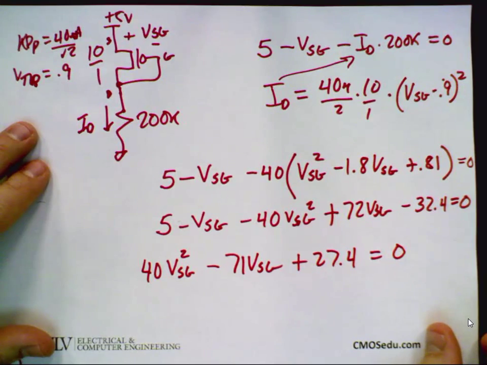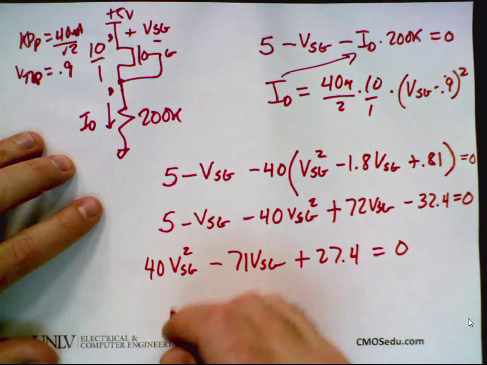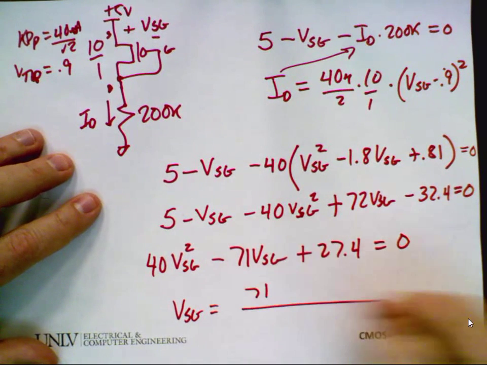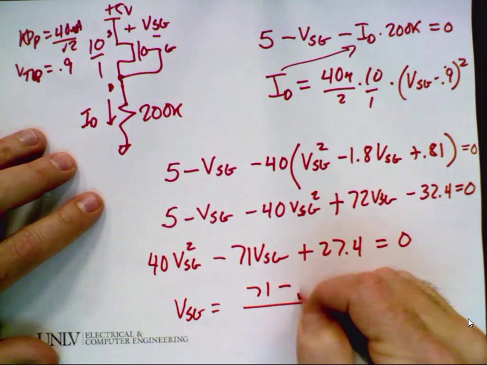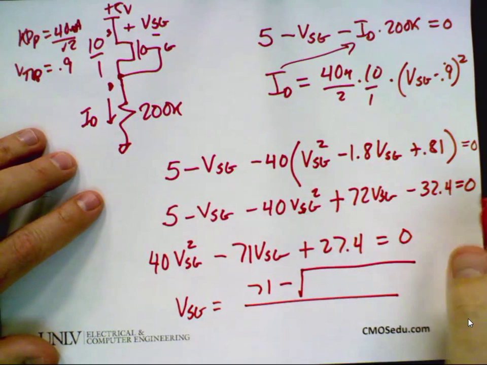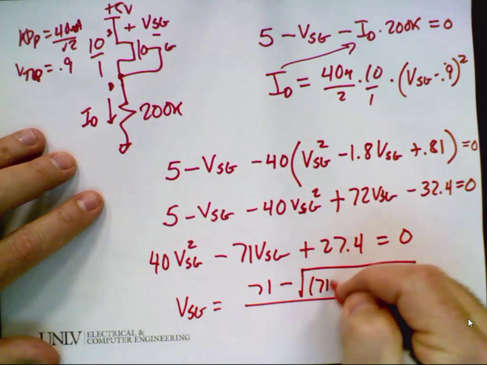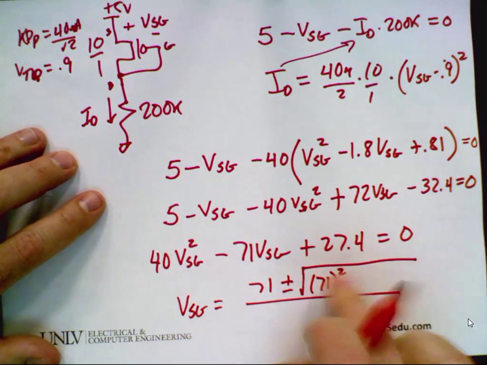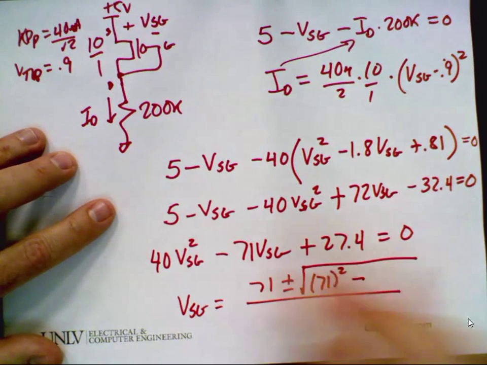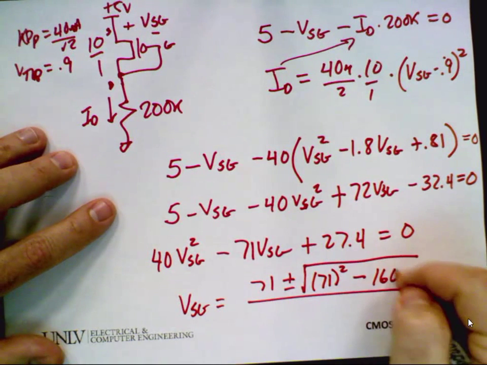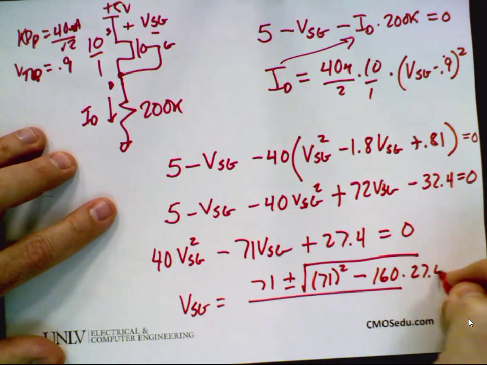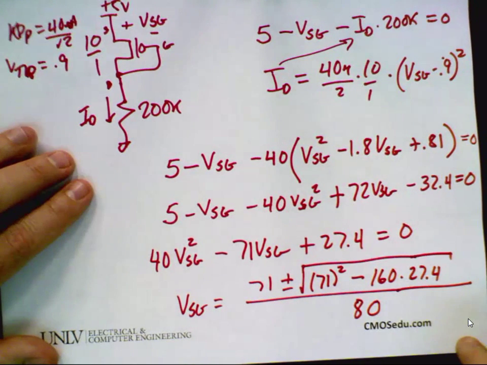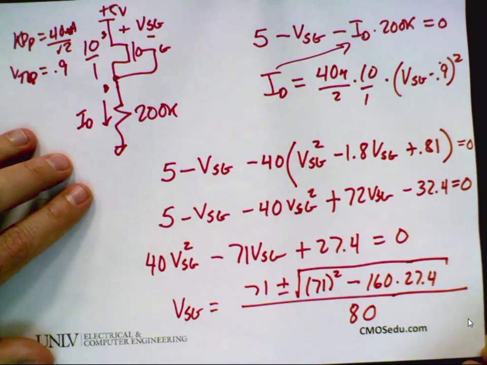All right, and what's the quadratic equation? I solve for VSG. Opposite of b, 71 plus or minus the square root of b squared minus 4a, which is 160 times c, all over 80, over 2a. No one's challenged by that, right?